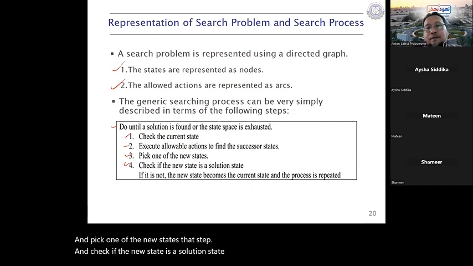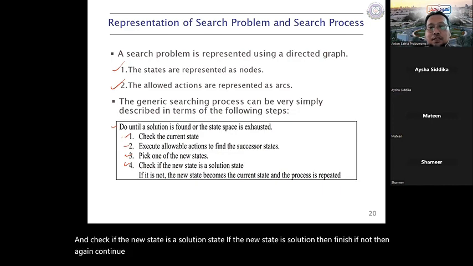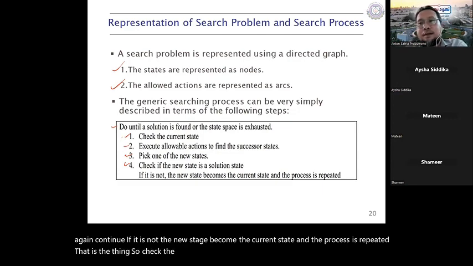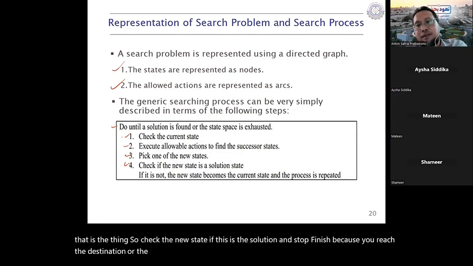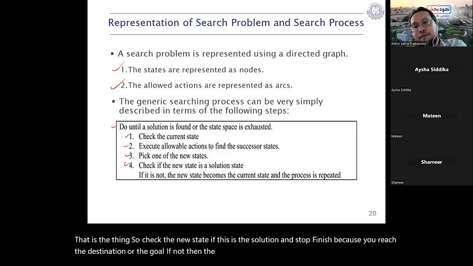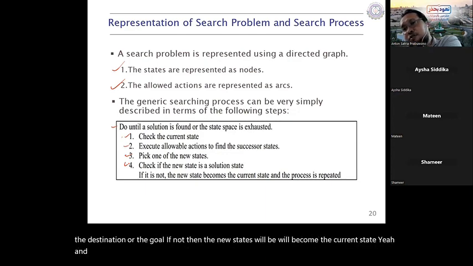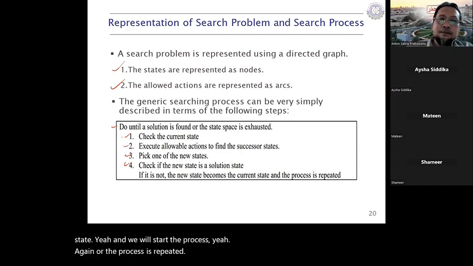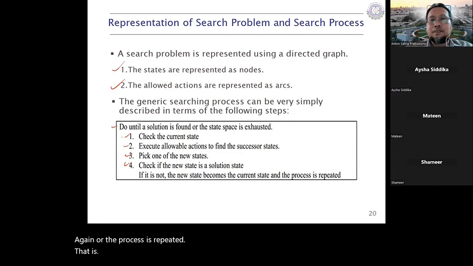If it is, then finish, because we have reached the destination or the goal. If not, the new state becomes the current state and the process is repeated. That is the generic searching process.